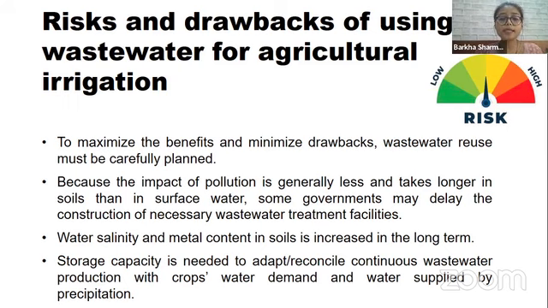Some government may delay the construction of necessary wastewater treatment facilities, as we already know that industrial wastewater has large amount of salt and heavy metal. So the soil irrigated with this wastewater also develops a large amount of salinity and metal content in the long term. Furthermore, a large storage capacity is required for the continuous use of wastewater for crop irrigation.